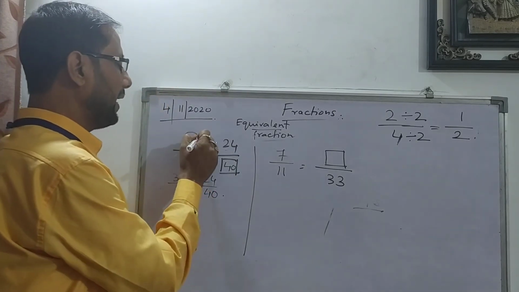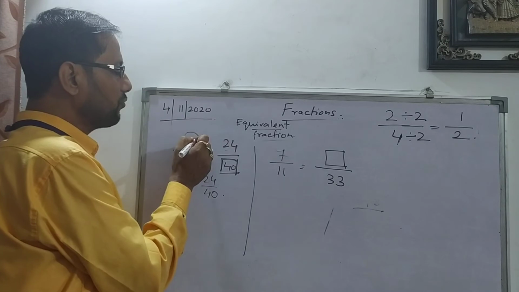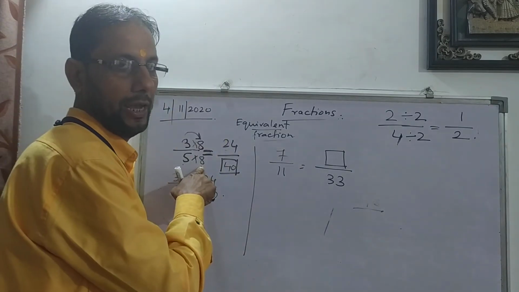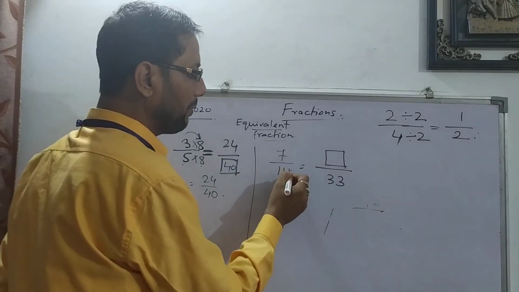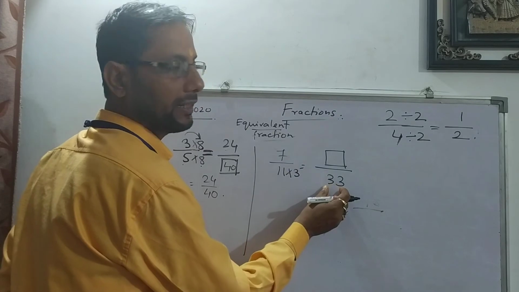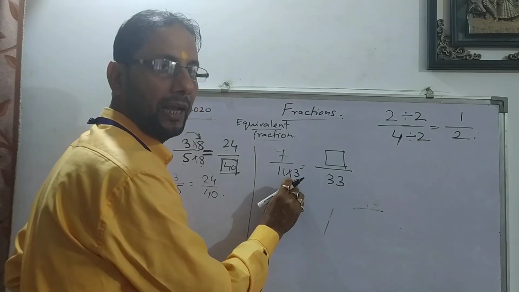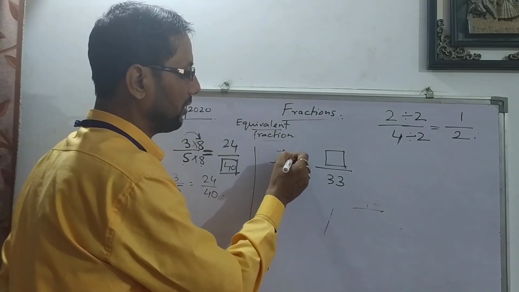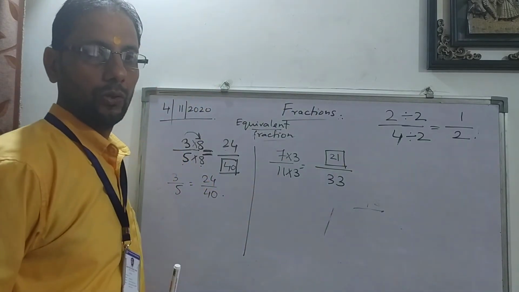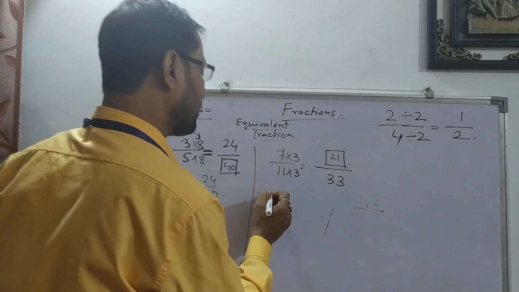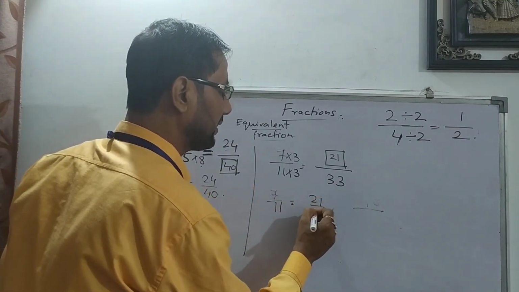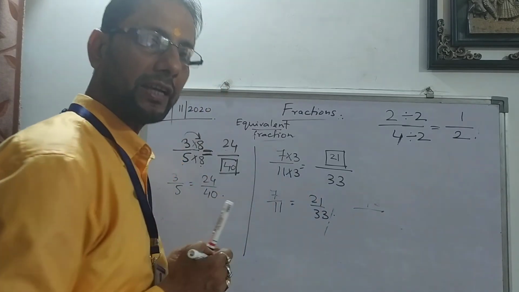Once we multiply by 8 here, you have to multiply by 8 here also. In the similar way, 11 multiplied by how much is 33? 11 3s are 33. So once you multiply by 3 here, you have to multiply by 3 here also. 7 3s are 21. So now 7 by 11 and 21 by 33 are equivalent fractions.